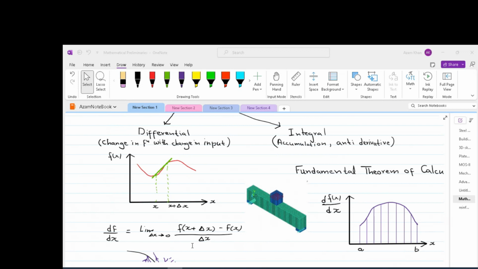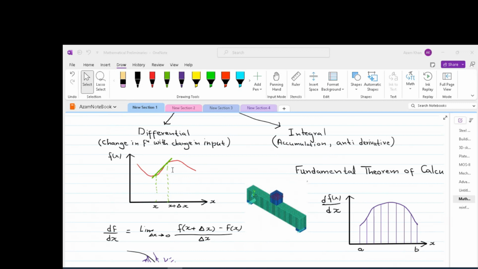In calculus, we are normally interested in the study of rates of change. So for rate of change, we squeeze this delta x and bring it to an infinitesimally small length.